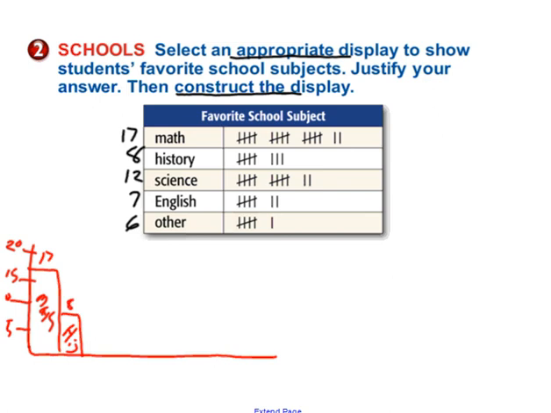And for science would be 12, so all the way up to about right there, and that has an entry of 12. English has 7, so just slightly there would be for English. And the last one would be 6, others. So that would make the bar graph for this data.